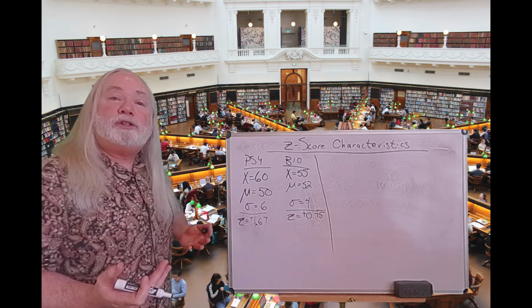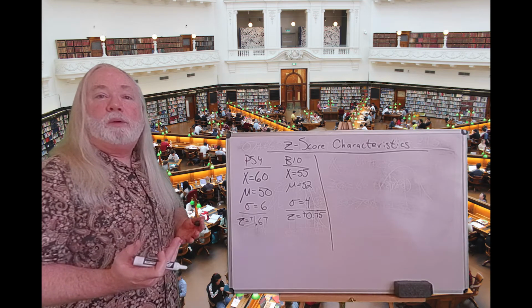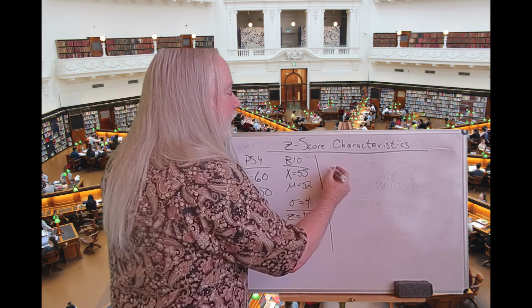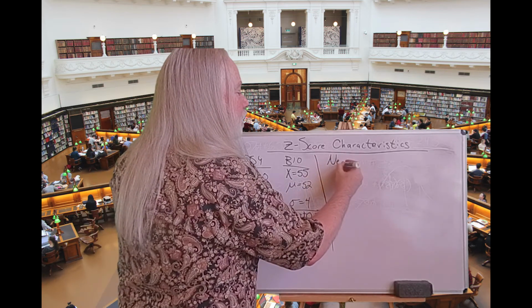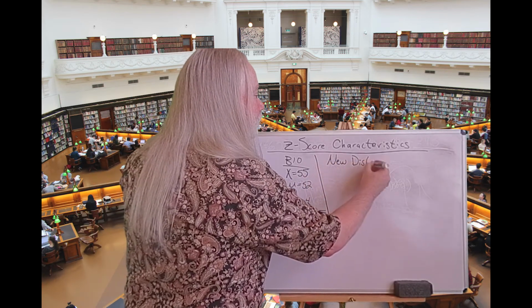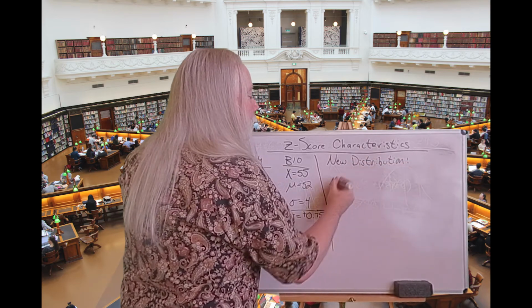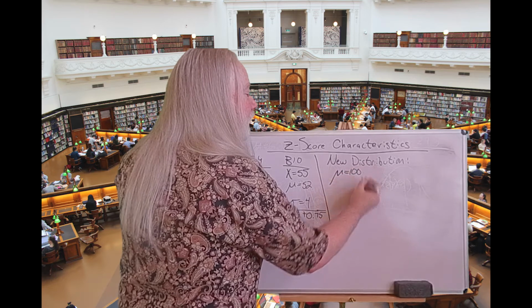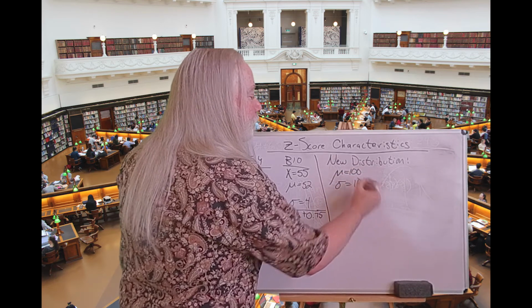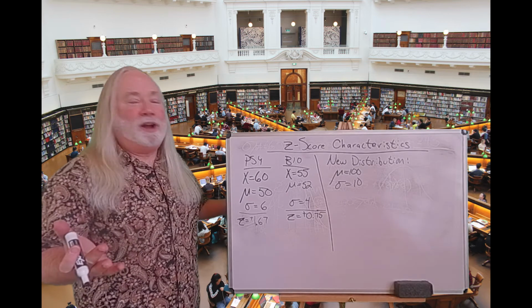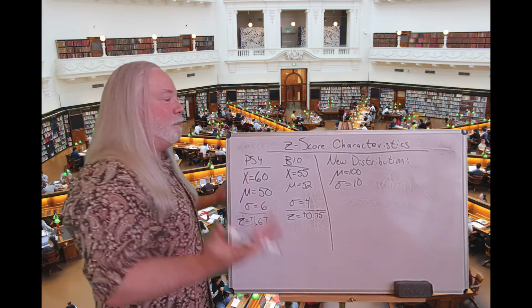So we pick a predetermined mean and standard deviation. I'm going to pick a mean of 100 and a standard deviation of 10. Why? Because those are nice, easy, comfortable numbers to work with. We all can count by tens.